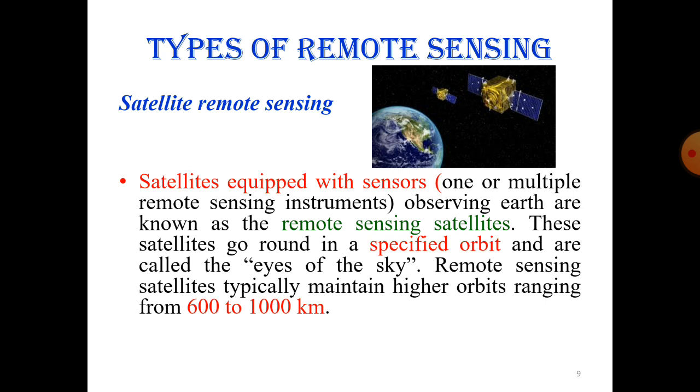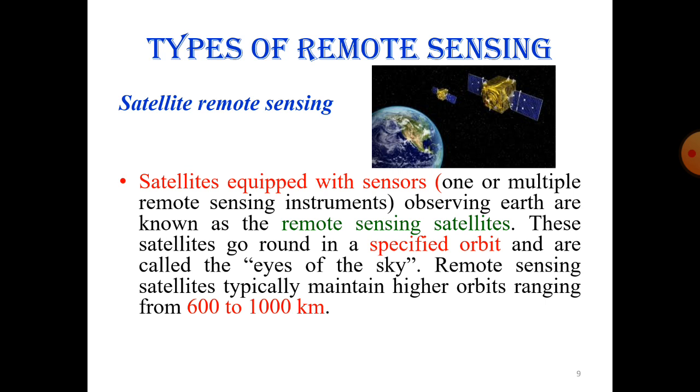Satellites are man-made vehicles which carry sensors like cameras to very high altitudes away from the earth to gather information about the earth. So satellites are equipped with one or many sensors. These are hence called remote sensing satellites.